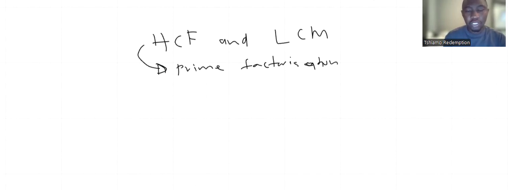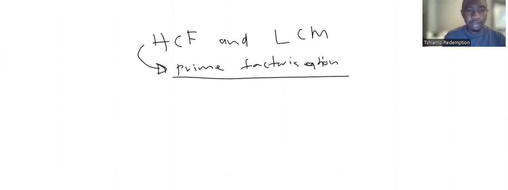Okay, welcome guys. We are doing how to find the highest common factor and lowest common multiple. Remember, we use prime factorization right here. Meaning, remember there are two methods to do this.